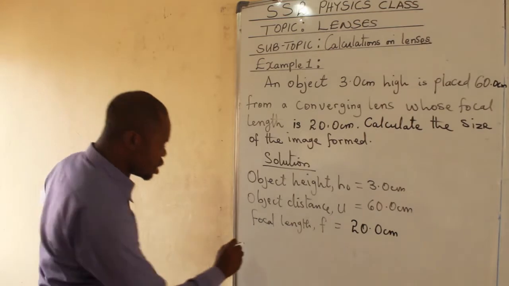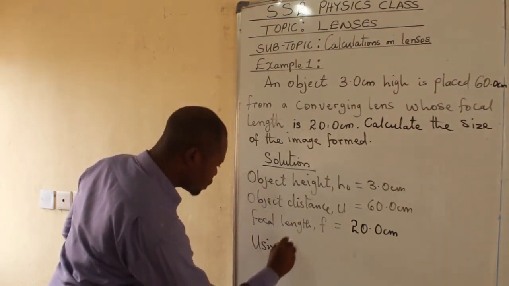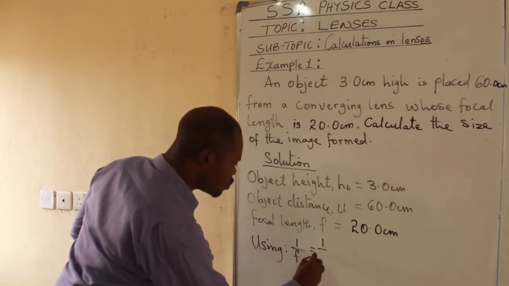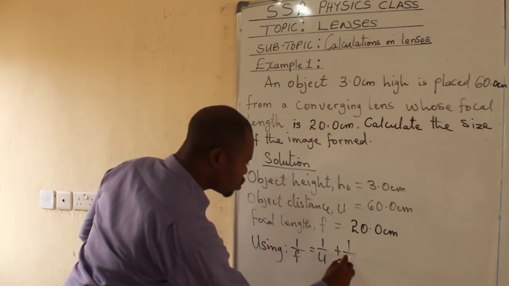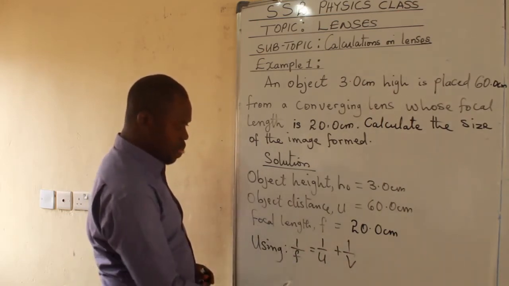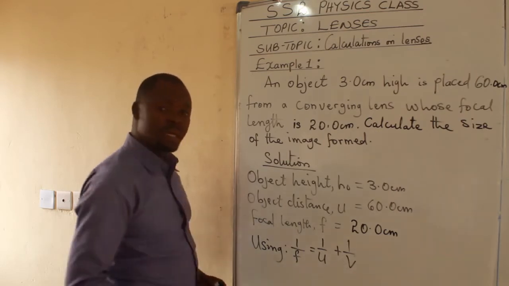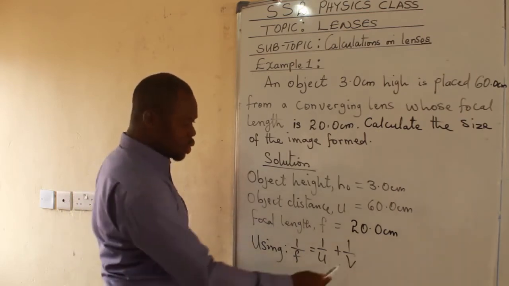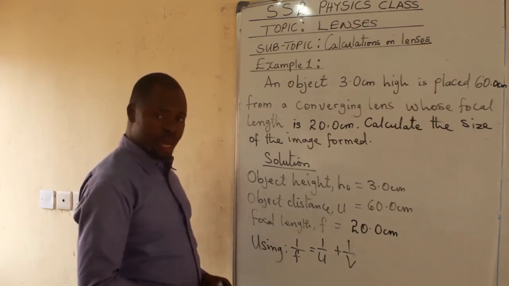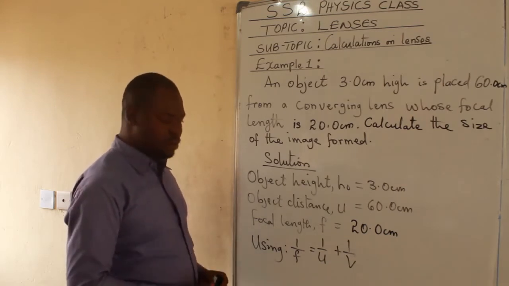So using this formula, 1 over F equals 1 over U plus 1 over V. F is the focal length, U is the object distance, V is the image distance. That will help us to find the height of the image.